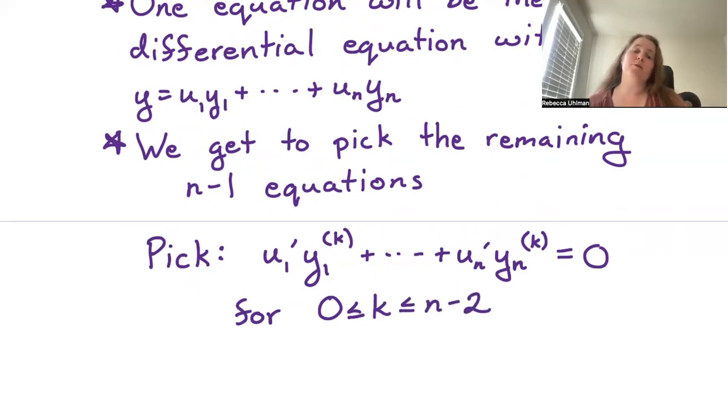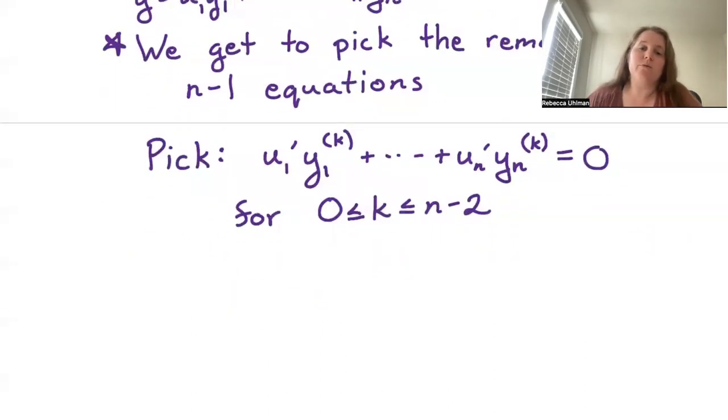So going from 0 to n minus 2, that will hit n minus 1 equations, what we wanted. We can then sort of use this to find the derivatives of y.